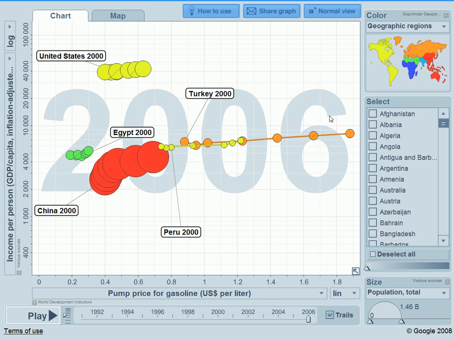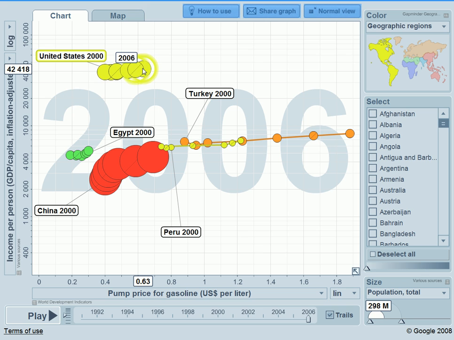Now in 2006, the price is 1.88. Let me see the price in the United States in 2006, it's only 0.63. So it's triple. Okay, so it's around $8 per gallon. Oh, it's so expensive. I think most people in Turkey would choose the electric product instead of the normal gasoline product.